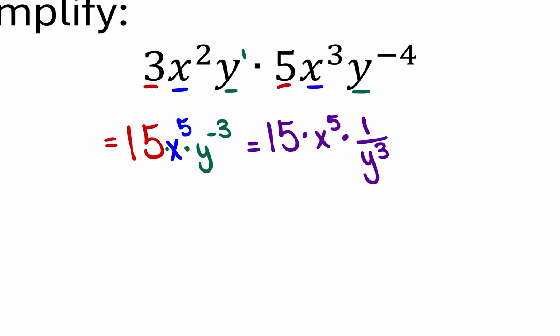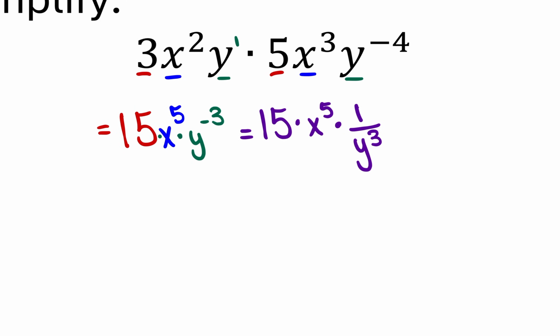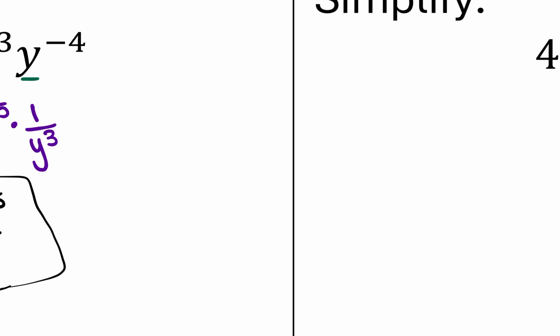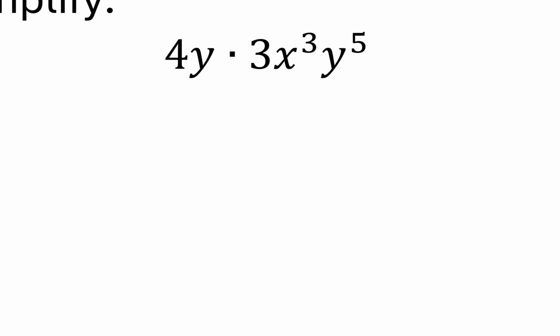Then I can rewrite this, correct? So I keep all the terms that are by themselves on the numerator and the denominator terms by themselves. In this case scenario, my final solution will be 15 x to the 5th, all divided by y to the 3rd. Let's go ahead and box that in. For the next question, I have the following.